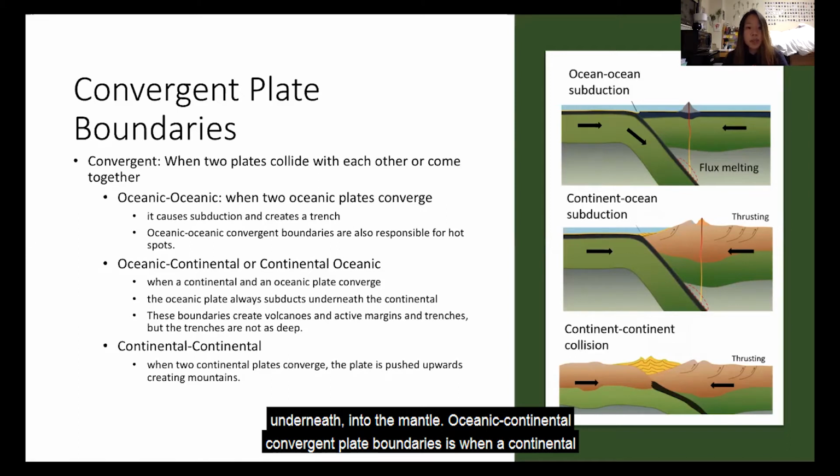Oceanic-continental convergent plate boundaries is when a continental and an oceanic plate converge. The oceanic plate always subducts underneath the continental, which creates volcanoes, active margins, and trenches. Finally, we have continental-continental convergent plate boundaries. This is when two continental plates converge and the plate is pushed upwards, which creates a mountain range.